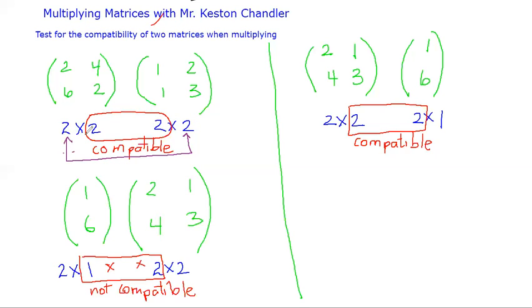These numbers on the outside tell me the size of the matrix I'm going to get. For this one, however, the answer wouldn't be a 2 by 2 matrix like the last one, but a 2 by 1 matrix.